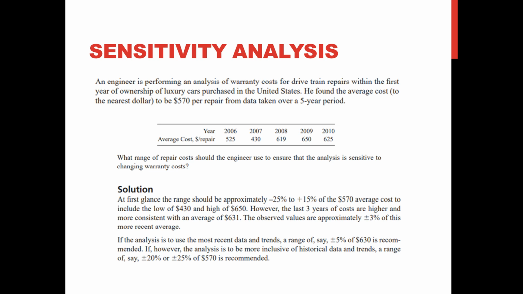Oh, yun. 24.56. So 570 minus 430 divided by 570. So that will yield to negative 24.56 or 25%.